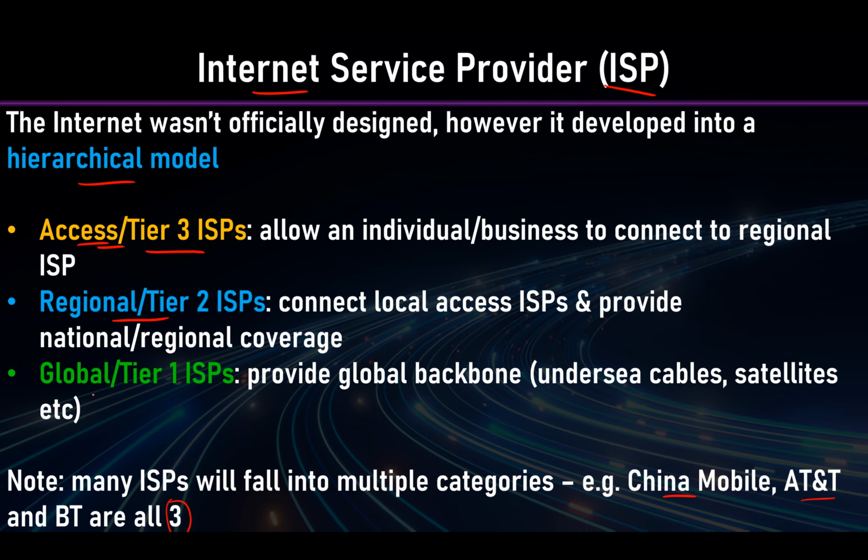And all of these companies also operate global infrastructure, like global undersea cables. I think most of them probably have their own satellites as well. Some ISPs are just going to be one level or one tier, and some ISPs are going to be multiple.